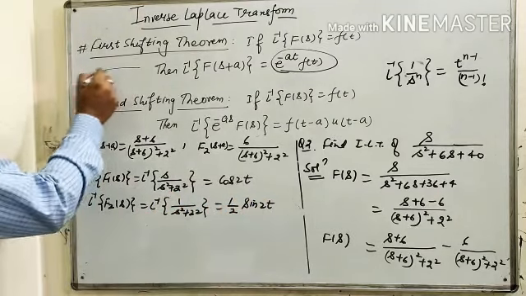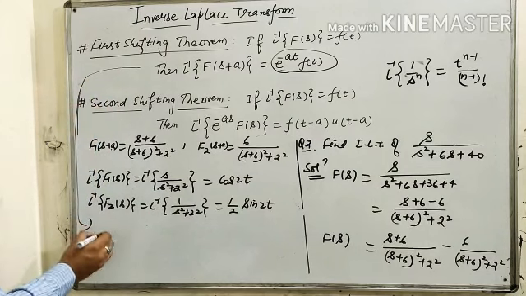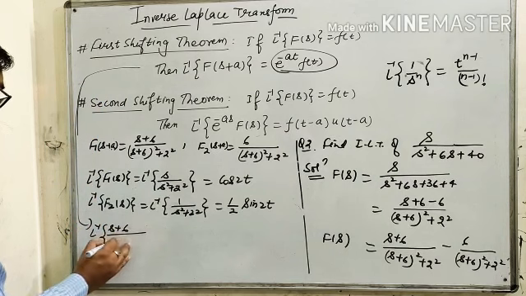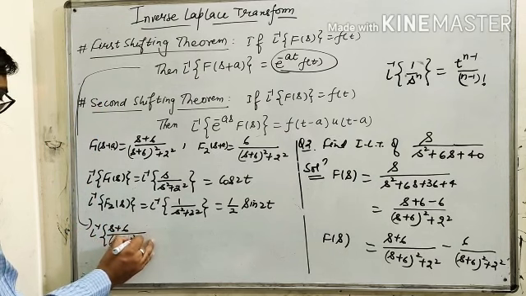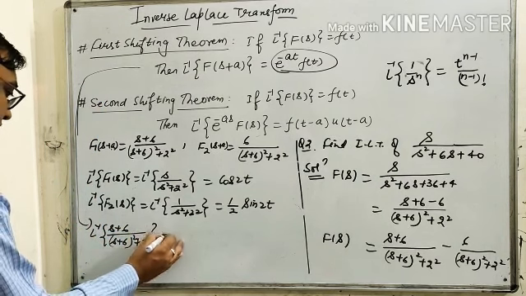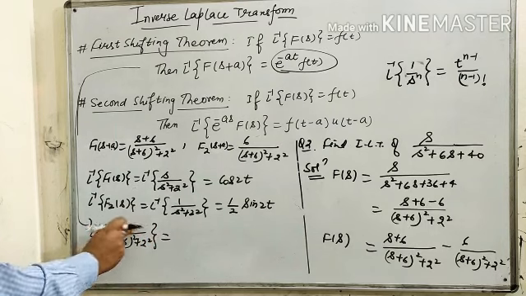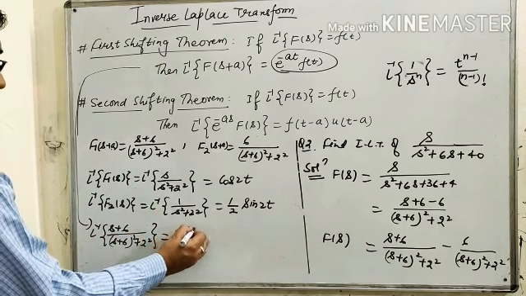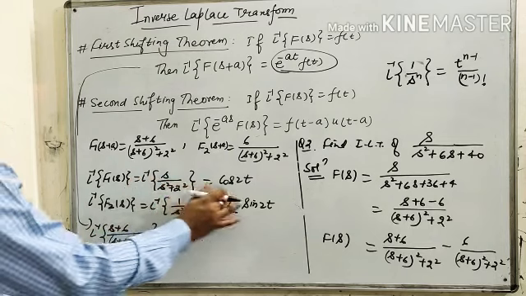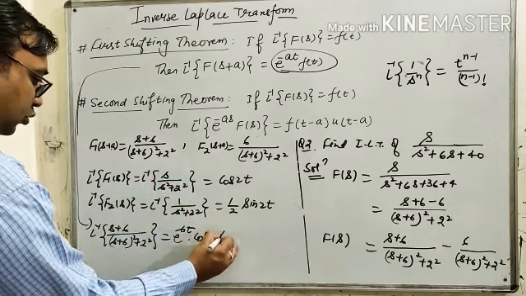So from first shifting theorem, inverse Laplace of (s+6) upon (s+6)^2+2^2: here a is equal to 6. So e^(-6t) into f(t), and the f(t) is cos 2t.